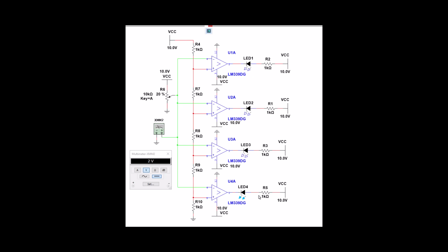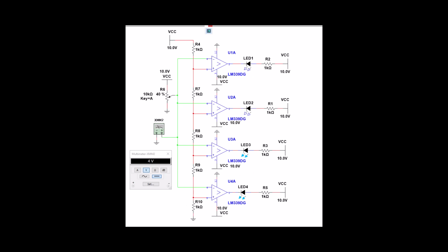Okay, here's our first LED, 2 volts, which is reasonable since this here is at 2 volts. Let's go to the next one. And it is on. We're at 4 volts, 2 and 2 is 4, so that LED is on.